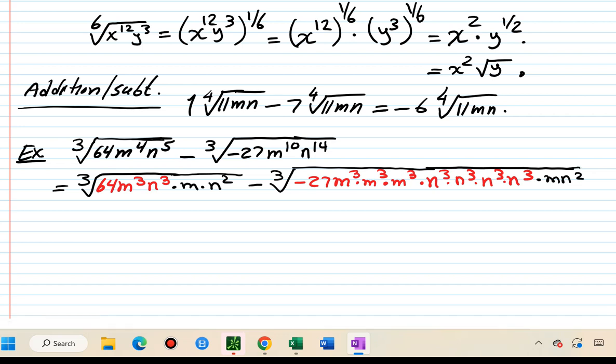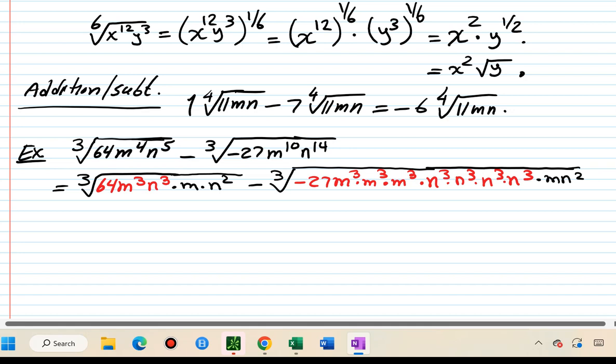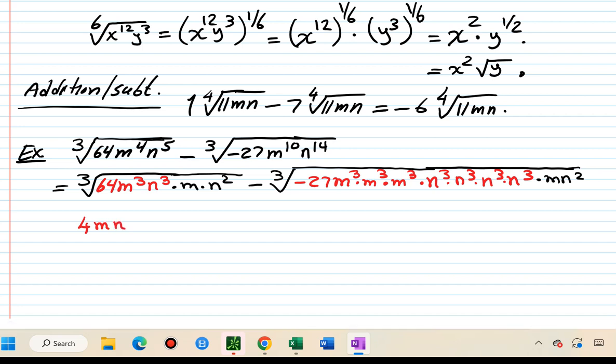Now for every perfect cube factor, we can write these outside the radical. Therefore 64 outside the radical becomes 4, m cubed becomes m, n cubed becomes n. With the other radical, negative 27 becomes negative 3, and then I have 1, 2, 3 perfect cubes, m, m, m coming out. 1, 2, 3, 4 n cubes, n, n, n, n.